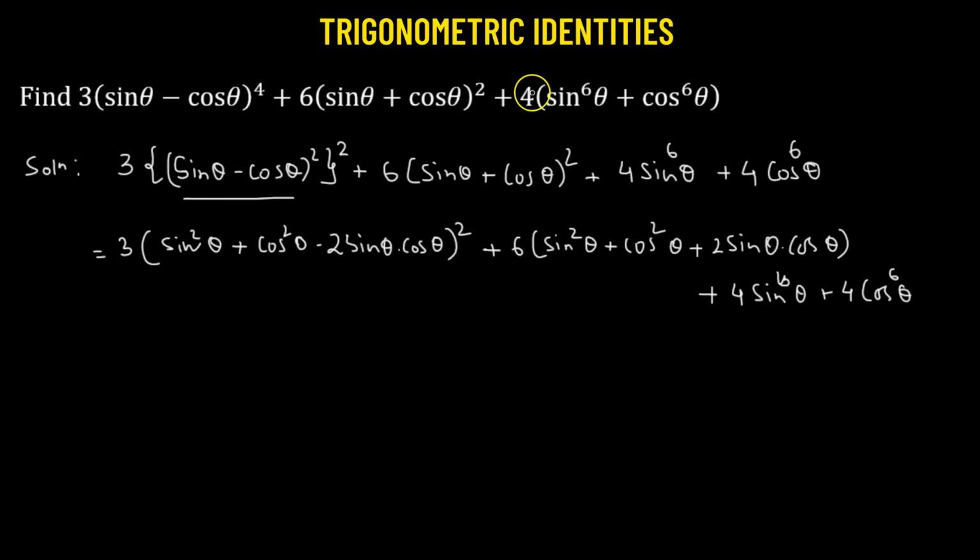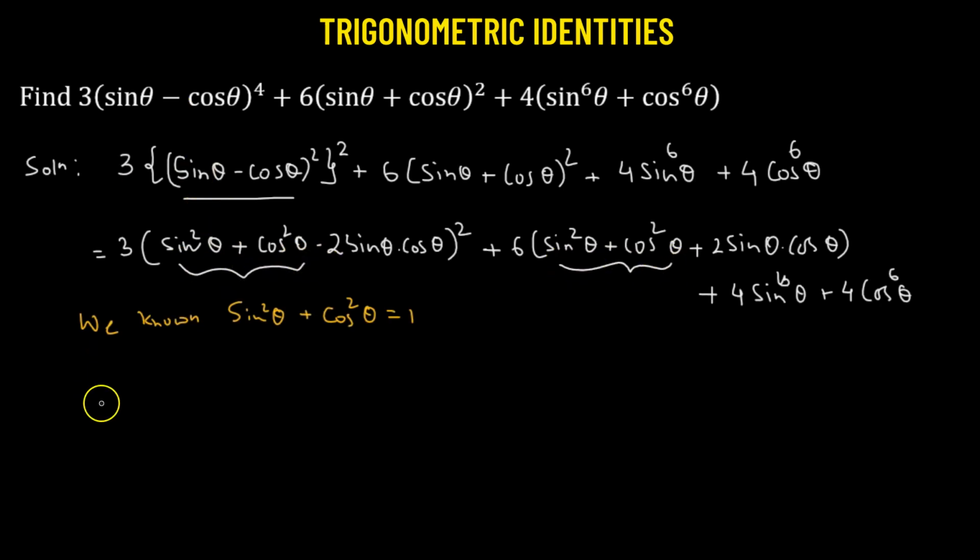Now we know there's a standard identity which states that sine squared theta plus cosine squared theta is always equal to 1. So we can use this identity and replace sine squared theta plus cosine squared theta with 1.